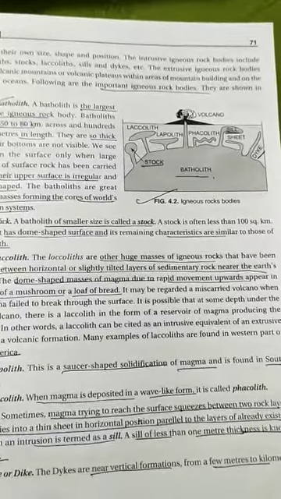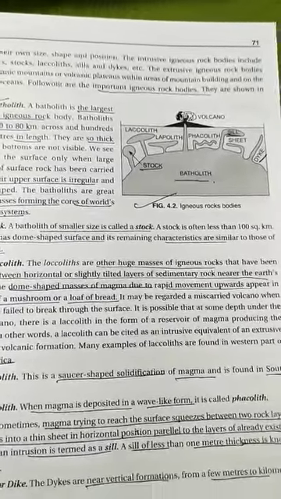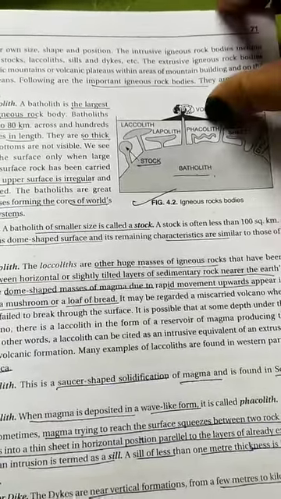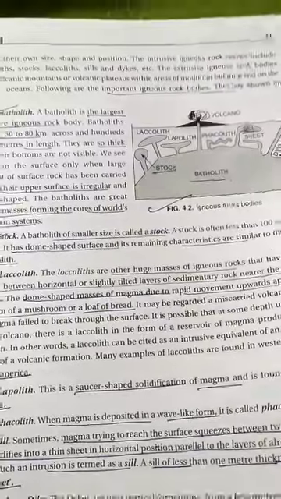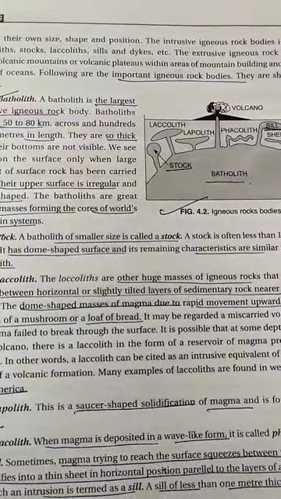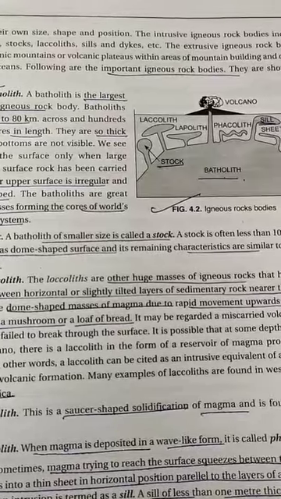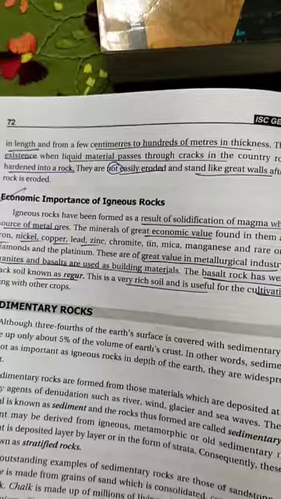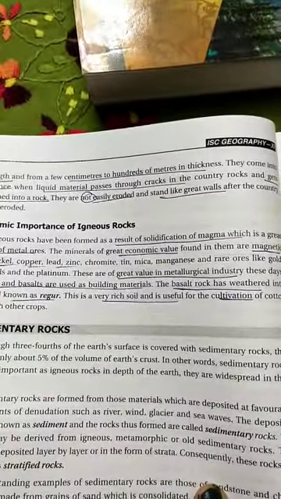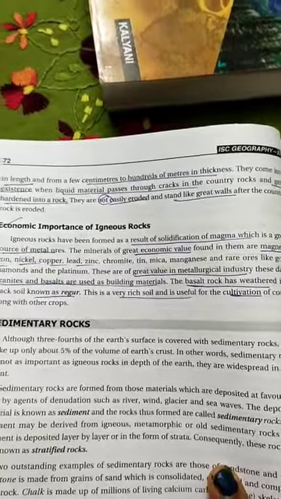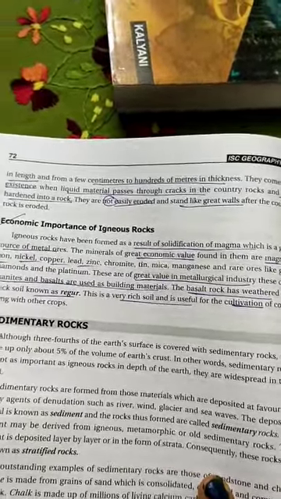Dikes are nearly vertical formations of a few meters to kilometers. You can see the example of the sill. The sill is within the horizontal layer and the dike is in the angular formation. Centimeters to hundreds of centimeters in thickness, they are not easily eroded. They stand like great walls, and these are hardened rock.